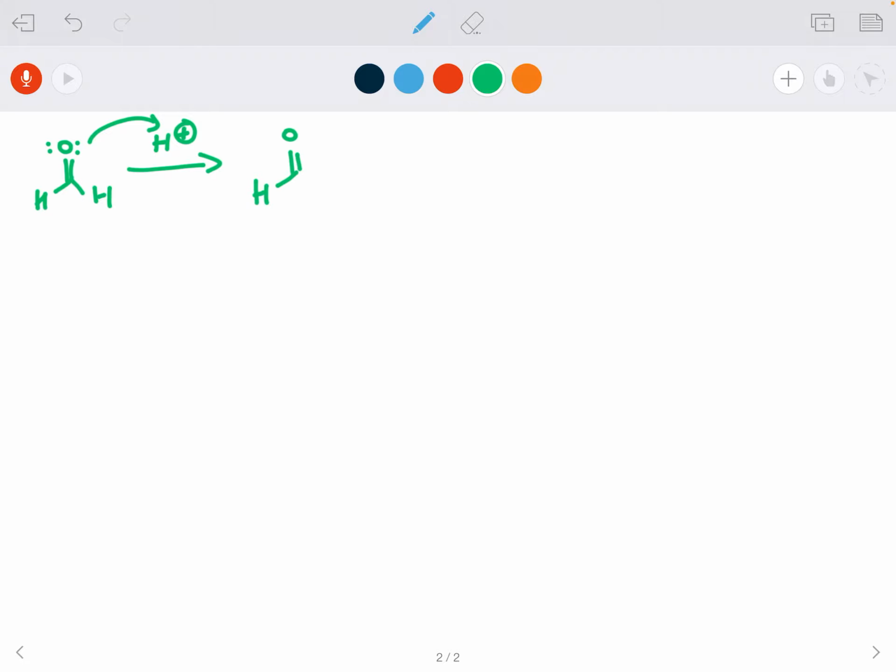So now you've protonated that carbonyl group. And remember, the protonated carbonyl group is in resonance with a carbocation. So this really adds to the reactivity of your compound.